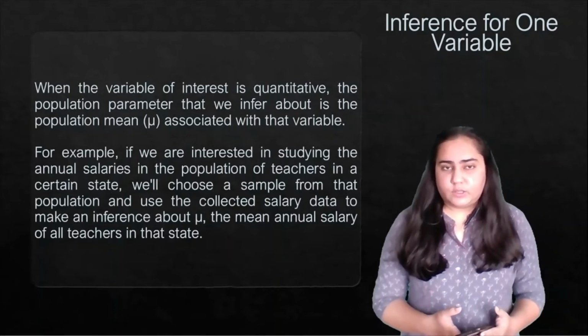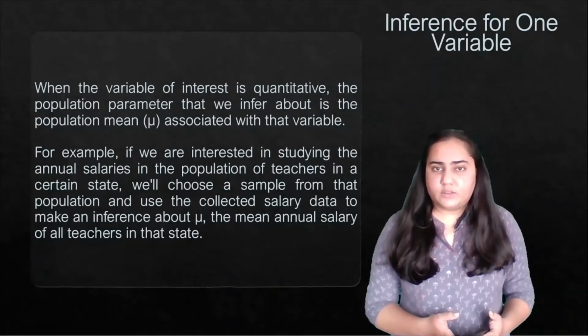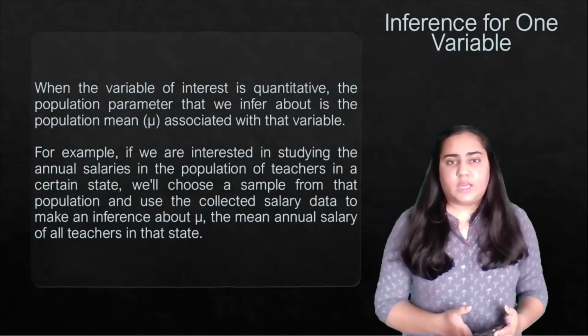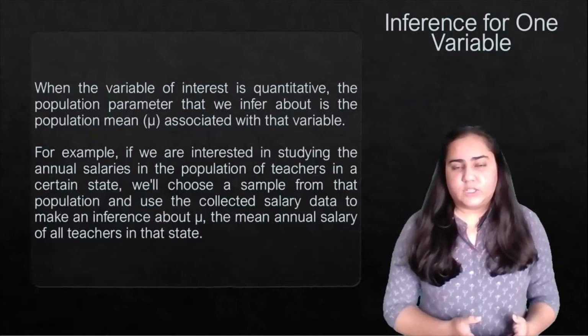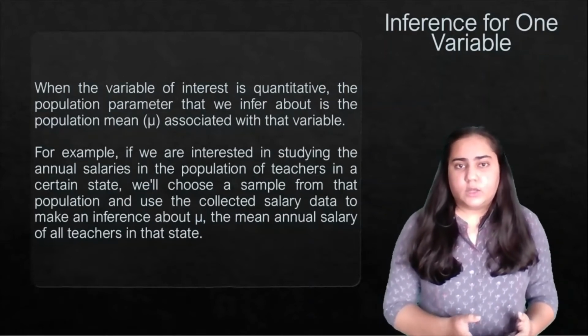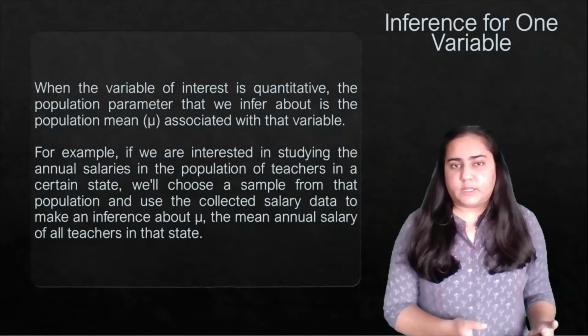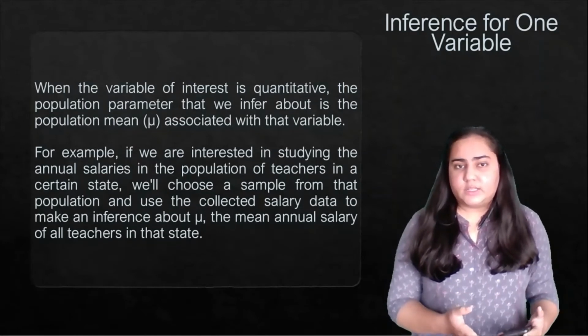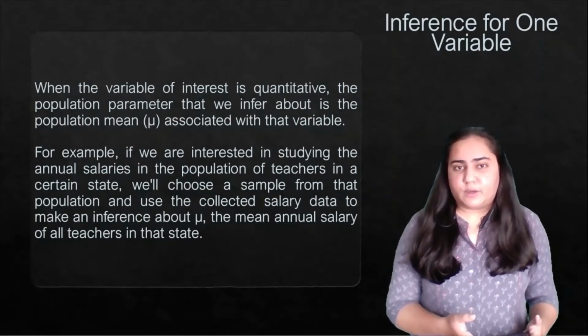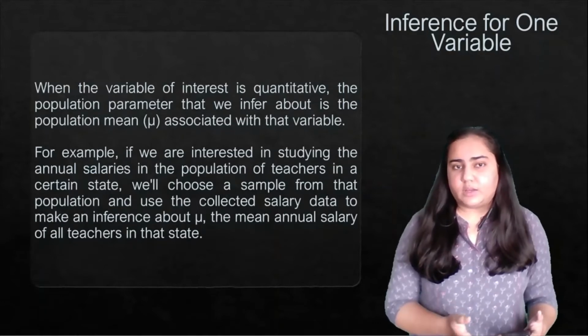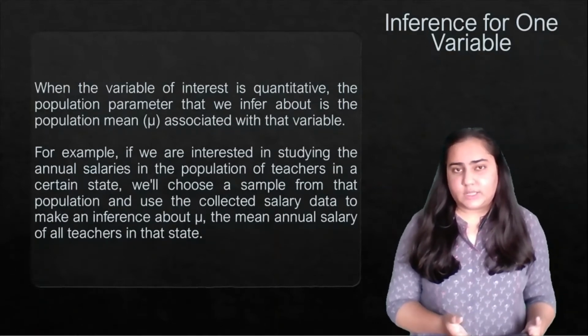Let's see that also with an example. If we are interested in studying the annual salaries in the population of teachers in a certain state, we'll choose a sample from the population and then use the collected salary data to make an inference about mu, which is the mean annual salary of all the teachers in that state.